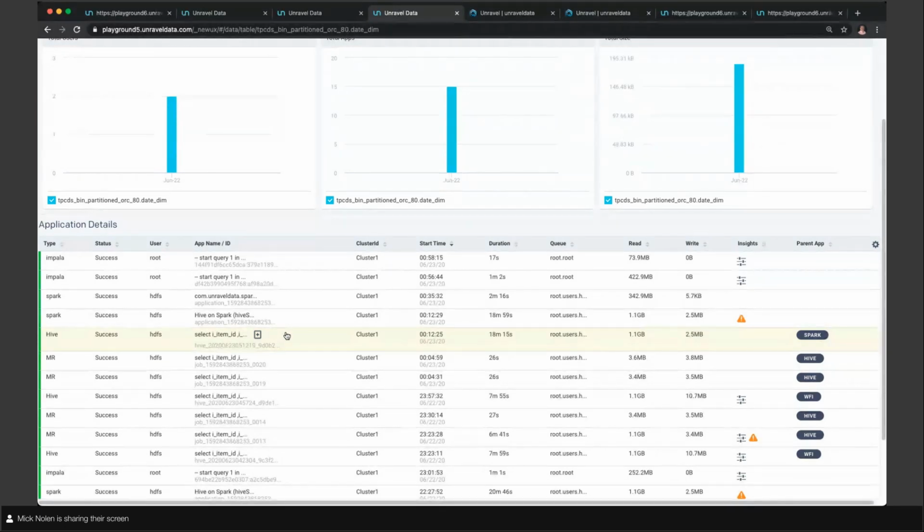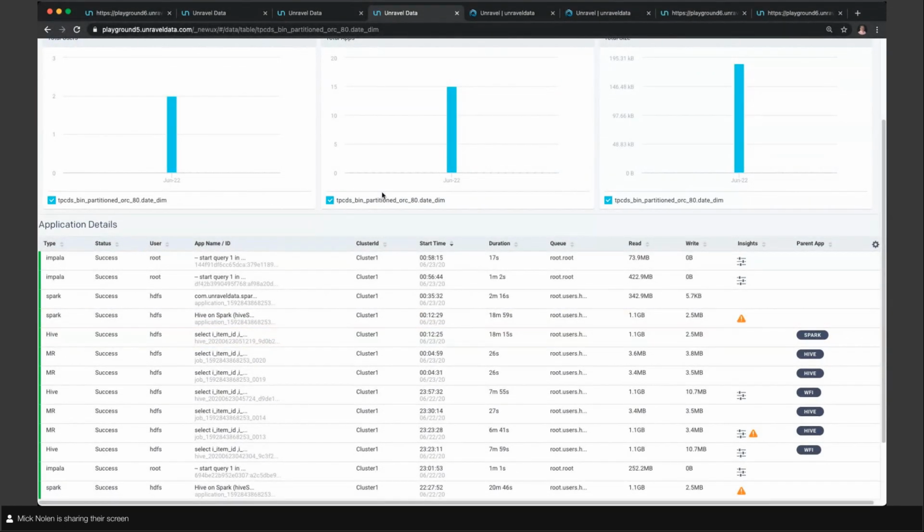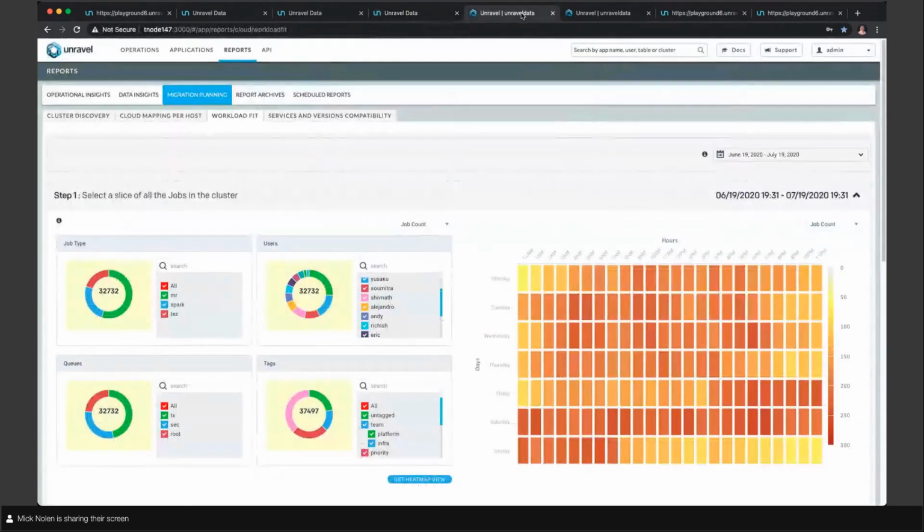So it's sort of that chicken and egg thing. I don't want to move an app that doesn't have its data, and I don't want to move the data without moving all the apps that are using that. And so we give you all that information down to the granularity of the table level so that you can be prepared for that move and really have the insights you need to make that first part of that transition successful.